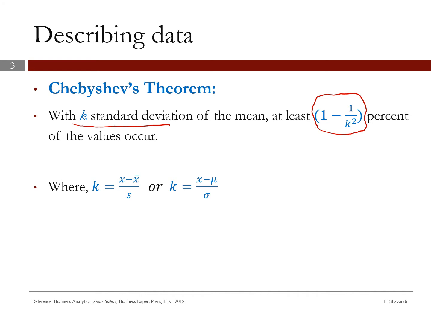Here k equals x minus x bar over s, or x minus mu over sigma. As you see here, Chebyshev's theorem is valid for any k greater than 1. It's not valid for k equals 1, but for any value greater than 1, for any shape of distribution, we can apply Chebyshev's theorem.